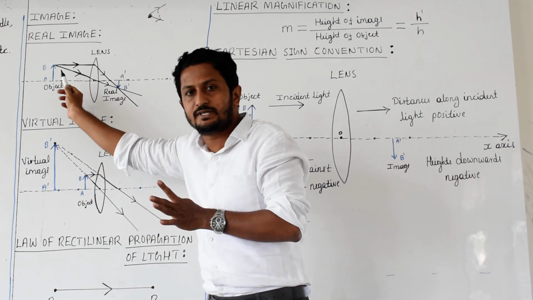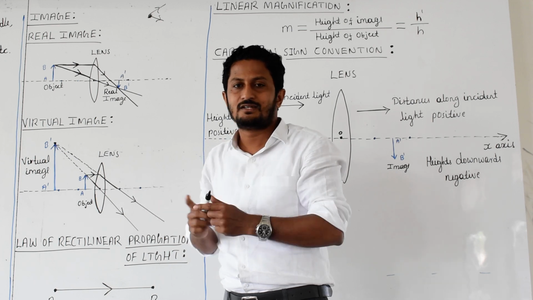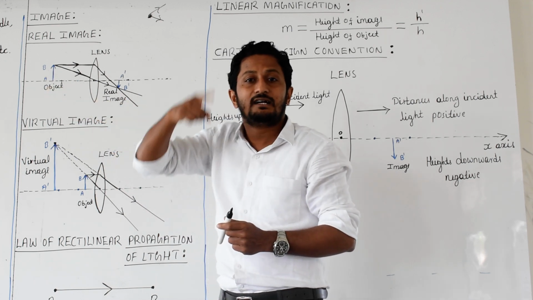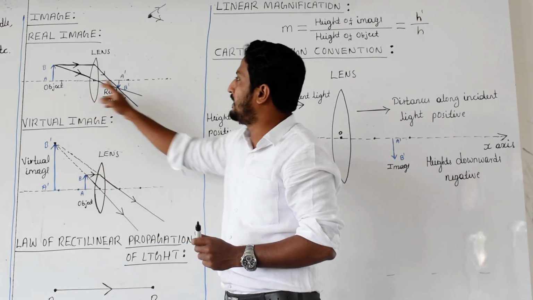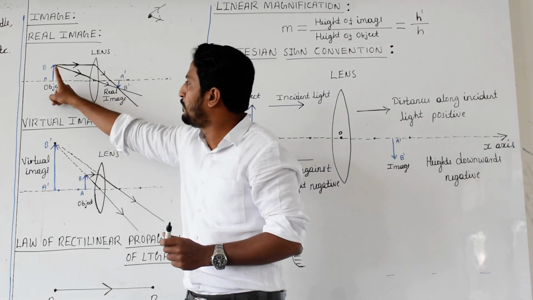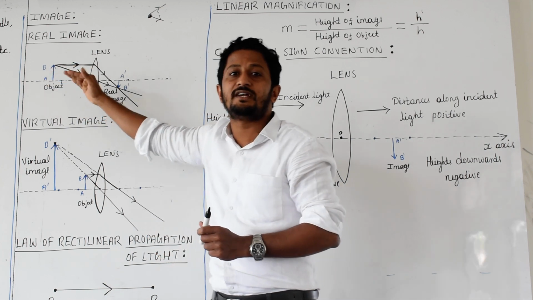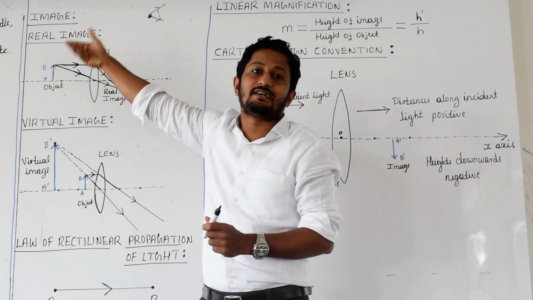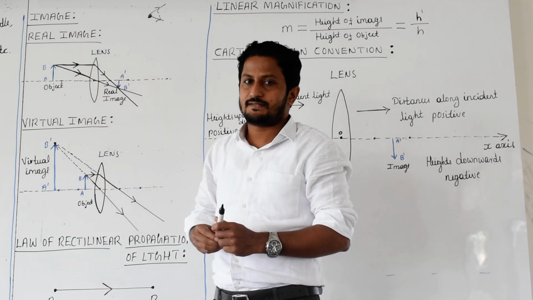Here this is also an object, not looking like a point. It has a certain length, so we call it a linear object. See, on that principal axis, I have placed the linear object AB vertically upward with respect to the principal axis.